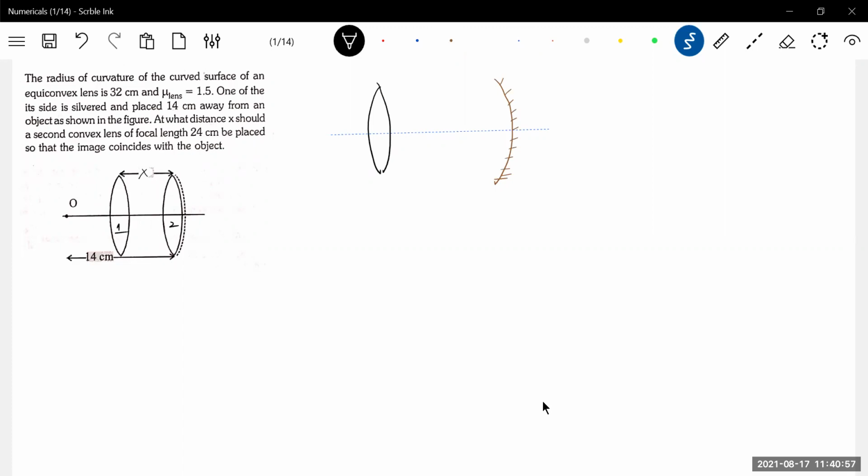Now the object is placed here, at a distance x.